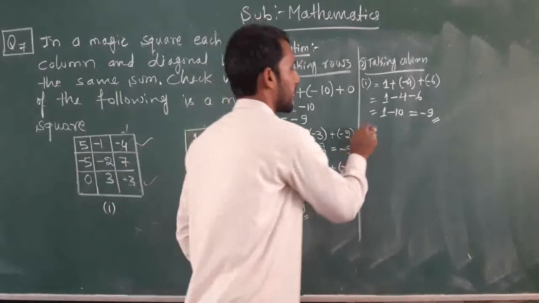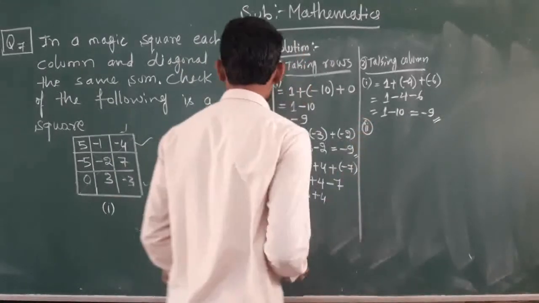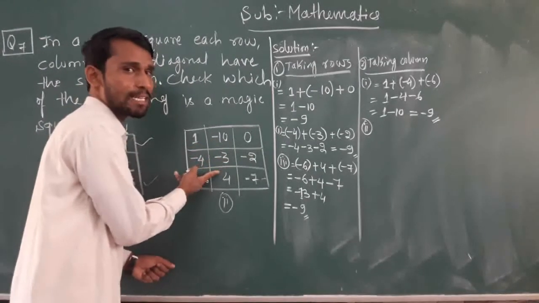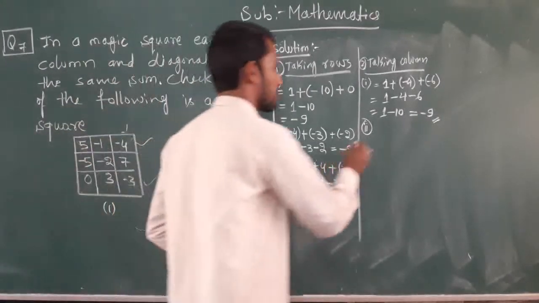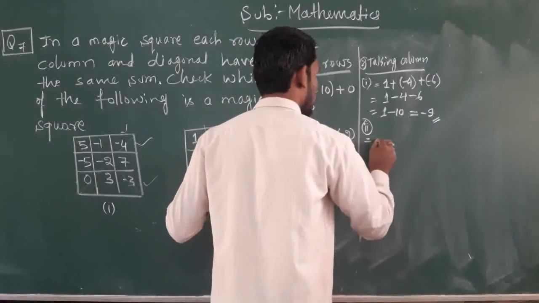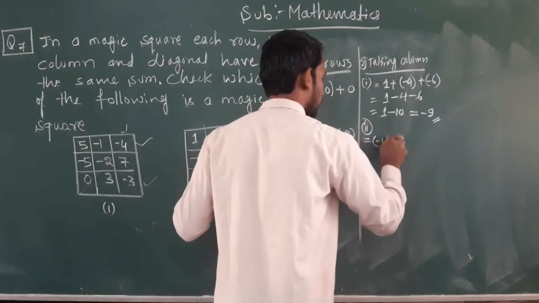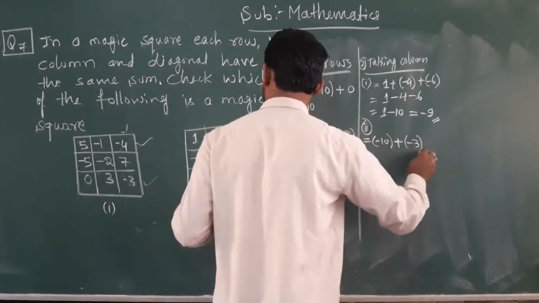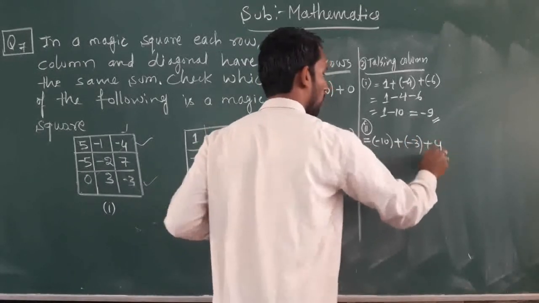Next, I am taking the second column: minus 10, minus 3, 4. Minus 10 plus minus 3 plus 4.